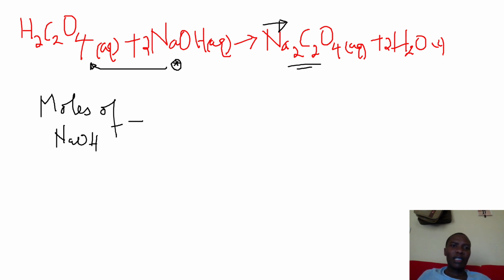Just do it like that. We have 15, which is the volume, times 0.1, and we divide it by 1000, because if I have molar, it means it is for a volume of 1000.